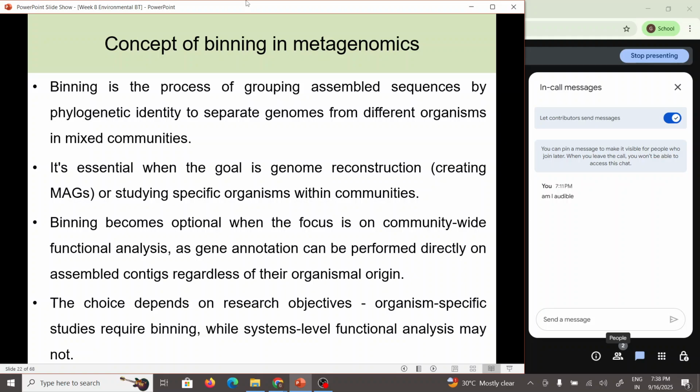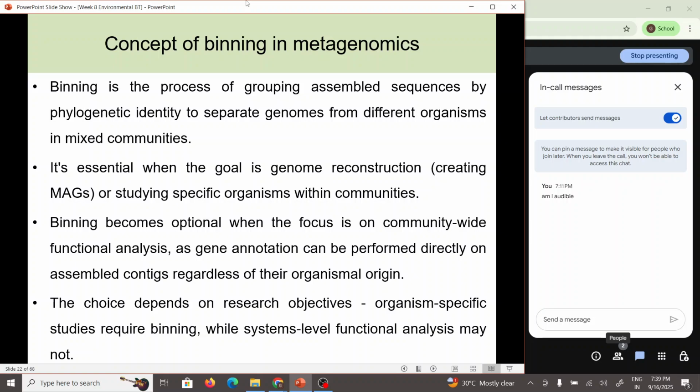As I told earlier, we are going to study the microbial community for different purposes. One is to know the microorganisms that are present in it, or to identify the individual organisms that are present in a community, to study the function of the individual organism in that community, or on the whole understand the functioning of the community. Either of these can be the reason for us to study a particular microbial community.